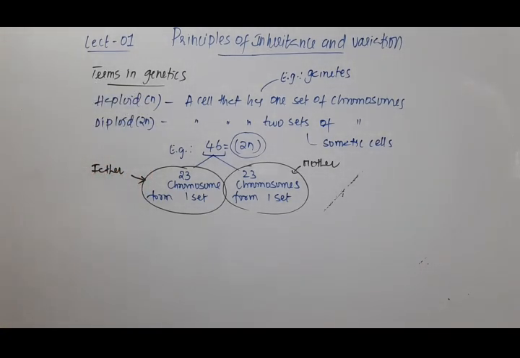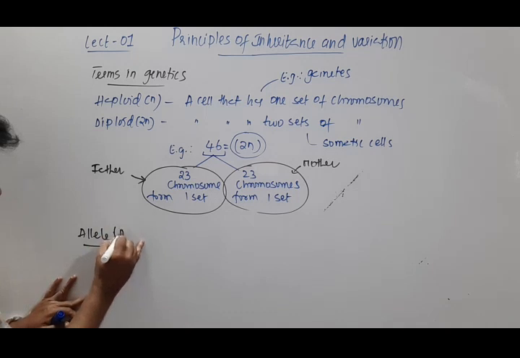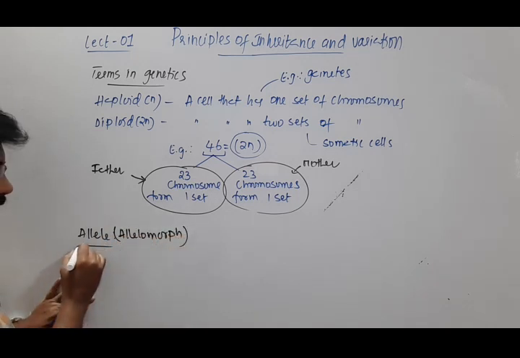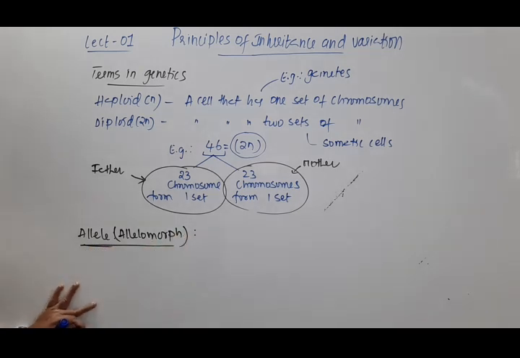Then coming to another term called allele. What is allele? This allele I can also call allelomorph. Allele or allelomorph are one and the same. Now what is this?